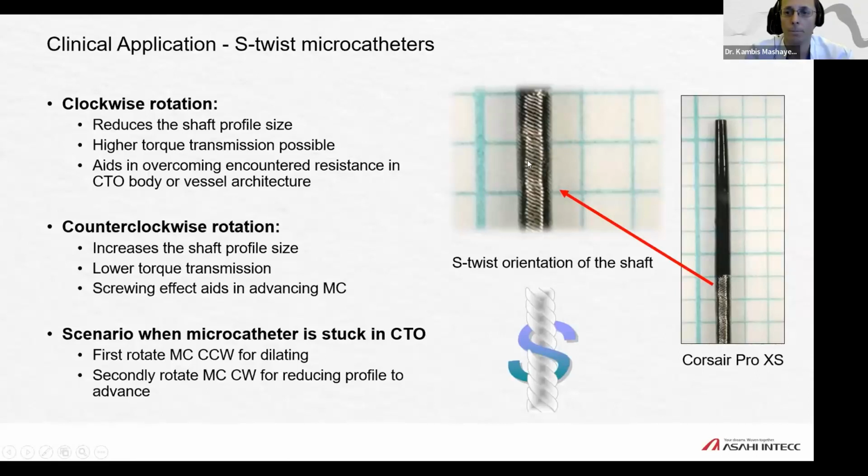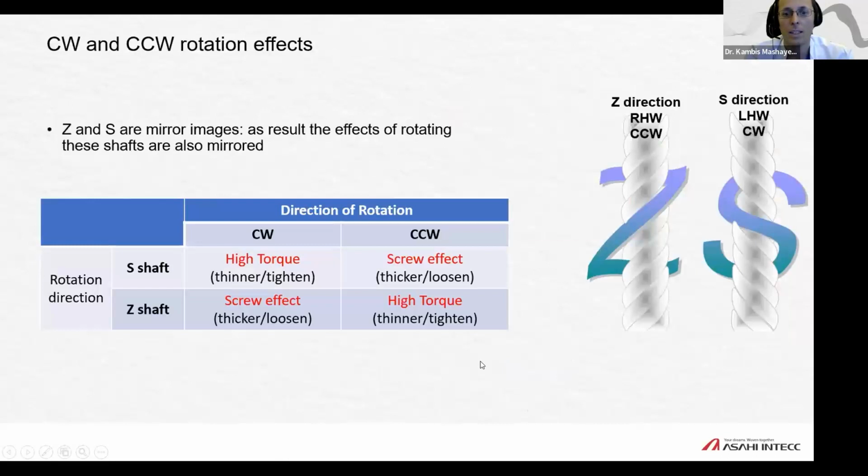Which means if you look at the shaft, it's like an S, and it's not a Z, it's an S. This is the direction of the outer coil, which means that when you rotate counterclockwise with this S shaft, like the Corsair, the device will get thicker and loosen.